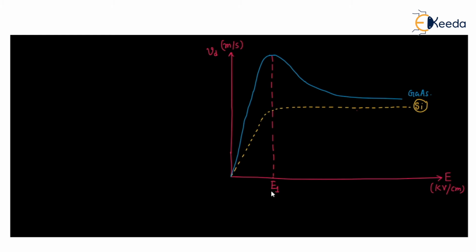According to the energy band diagram, or the E-k diagram, we know that if we draw the E-k diagram of an n-type gallium arsenide, it will look like this. In the E-k diagram, we have already seen what happens when we apply a voltage of E1.